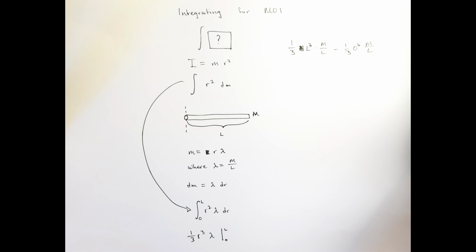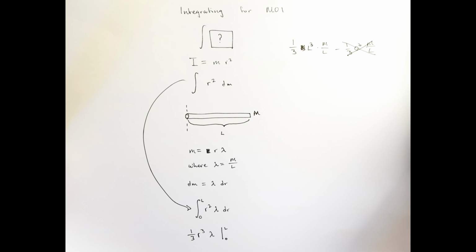All right, so now we're doing well. I'm going to plug our original value for lambda back in to replace it, so we'll be able to cancel things out a little bit more easily when they appear. So solving this integral out, we get 1/3 times L cubed times m over L, minus 1/3 times 0 cubed times m over L. And we are ready to combine like terms and cancel out.